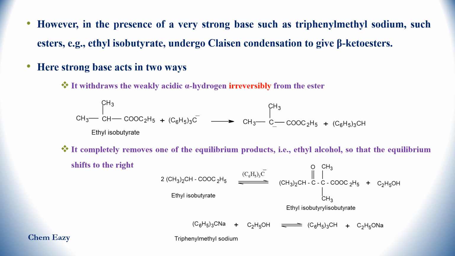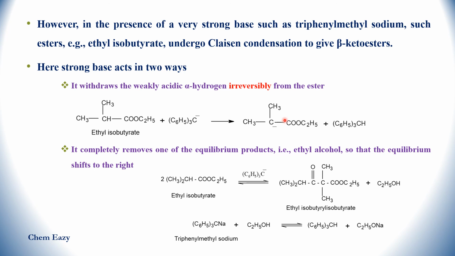This base acts in two ways, that is, the base withdraws the weakly acidic alpha hydrogen irreversibly from the ester. In another way, the base completely removes one of the equilibrium products so that the equilibrium shifts to the right.